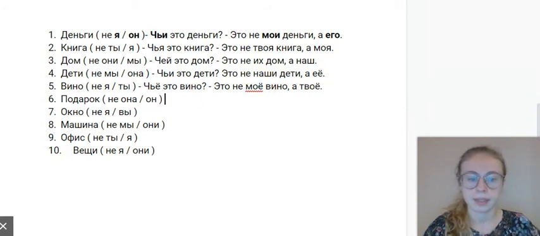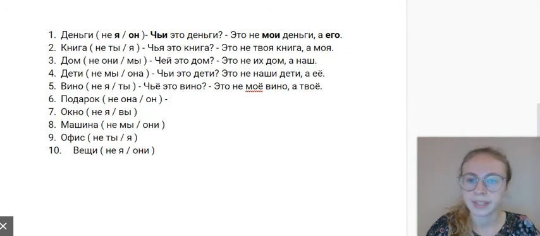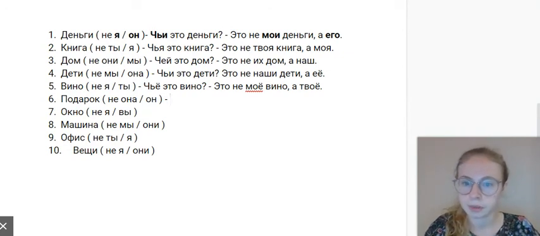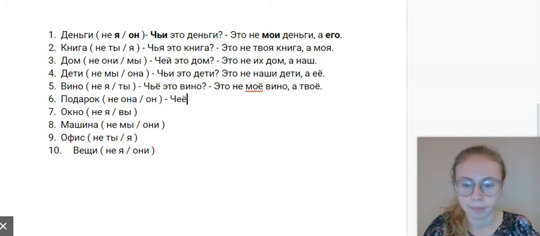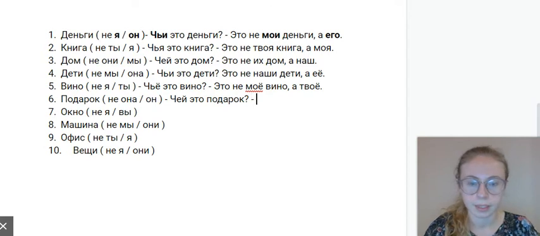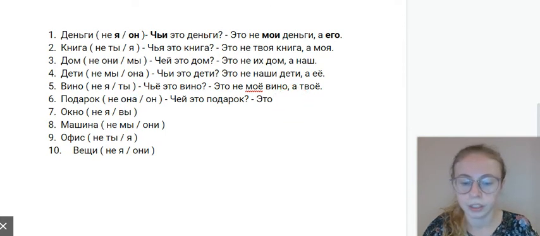Okay? Next sentence, подарок. Подарок means present, and it's a masculine noun. So whose present is this? Чей, masculine form. Чей это подарок? Это не она becomes ее.